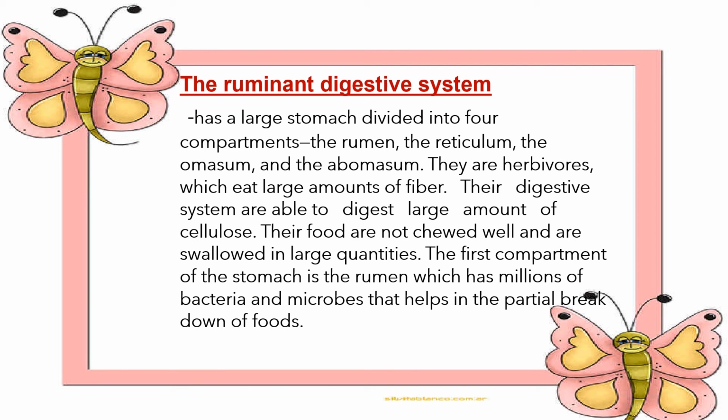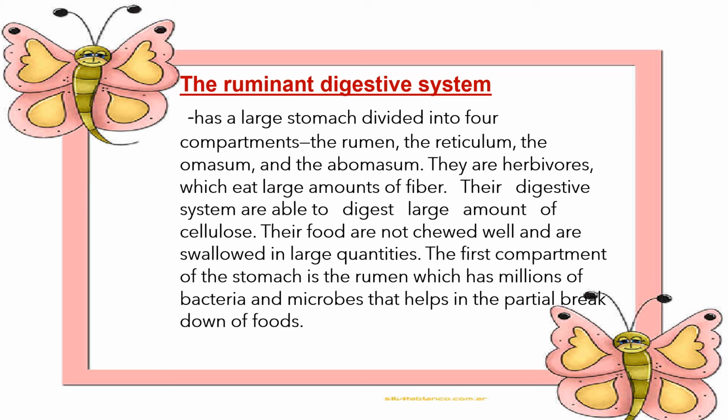The ruminant digestive system has a large stomach divided into four compartments. Again, I reiterate, the rumen, the reticulum, the omasum, and the abomasum. They are usually herbivores, which eat large amounts of fiber. Their digestive system is able to digest large amounts of cellulose. Their food is not chewed well and is swallowed in large quantities.